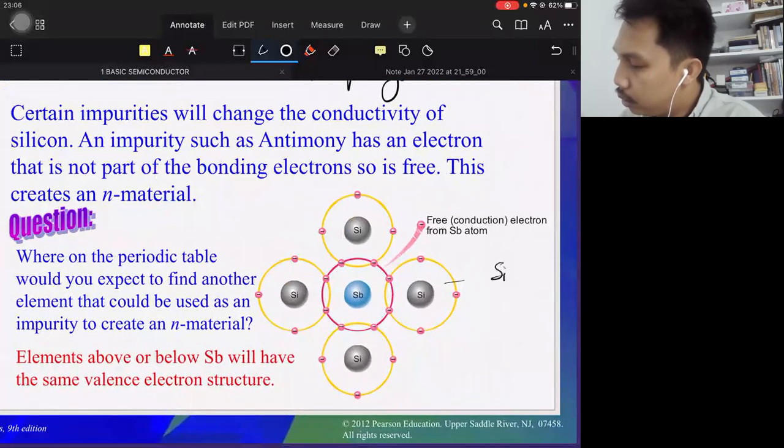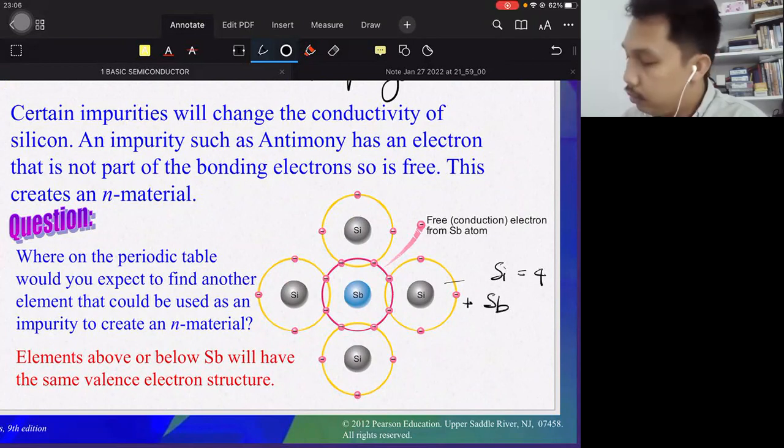So silicon, with just 4 valence electrons, will be added with antimony valence electrons, which are 5.